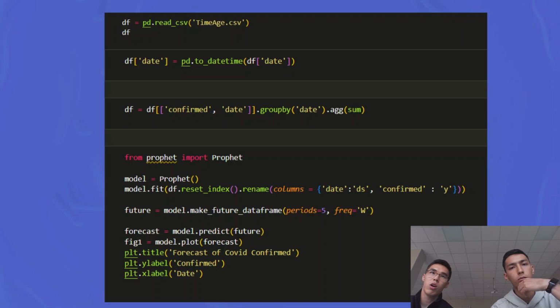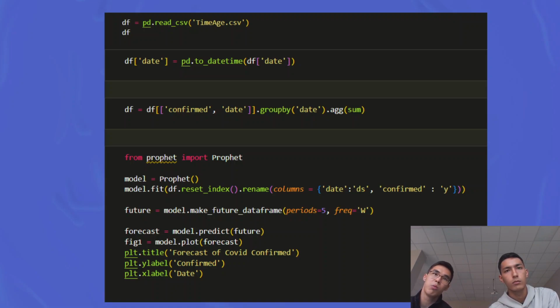We used the aggregation function sum on the confirmed people, and we grouped it by the unique dates. And the third thing is we used the Prophet library. We use this library for time series analysis, and it's a really useful library.